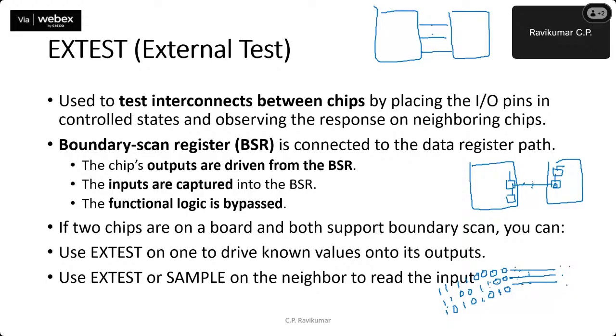So 0 0, 0 1, then 1 0 and 1 1. So this particular pattern allows me to ensure that any pair of wires have been tested with all the binary patterns that could possibly come on those two wires, namely 0 0, 0 1, 1 0, 1 1. So this is the way usually interconnects are tested.